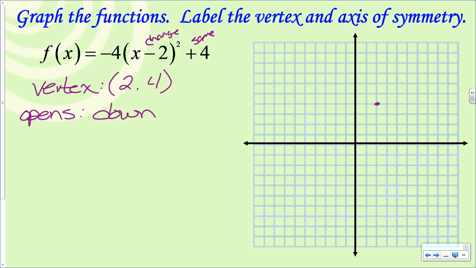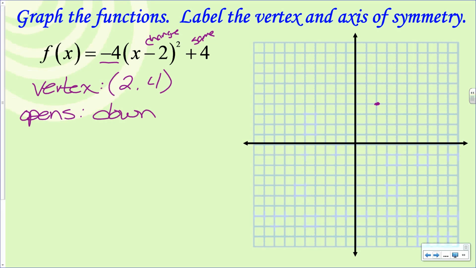What does the negative 4 out front say? Yeah, opens down, but what else does the negative 4 do? It stretches it out, right? Yes, this is vertex form. This is what we did the first time we did this exercise, not yesterday's.